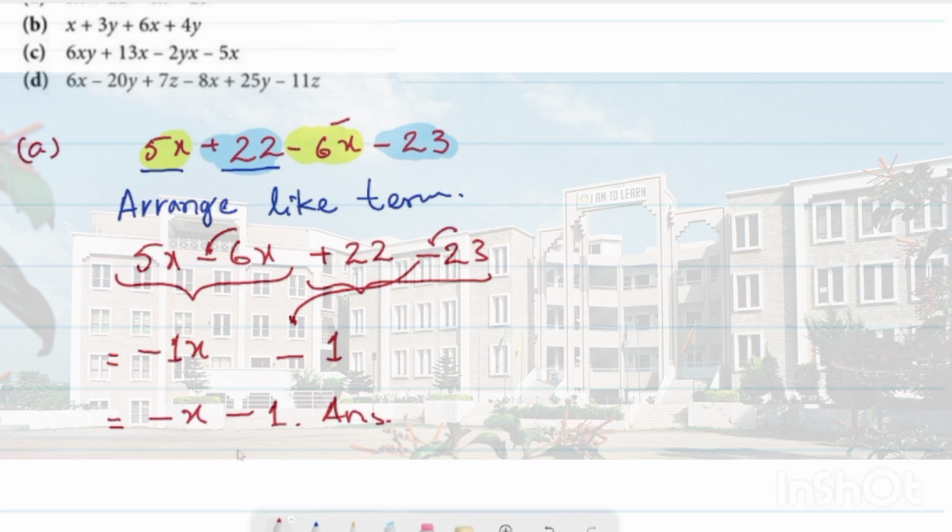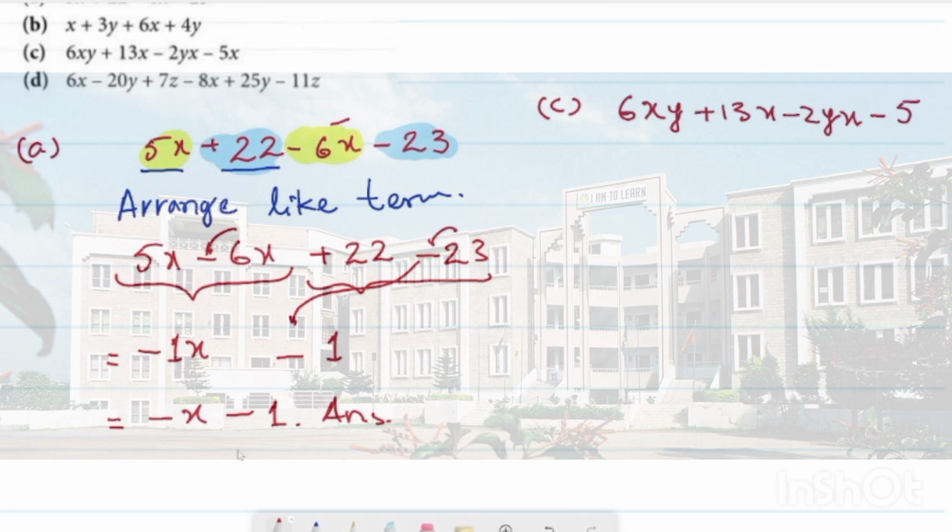Now, let's look at the question of part C. Question part C says 6xy plus 13x negative 2yx minus 5x.